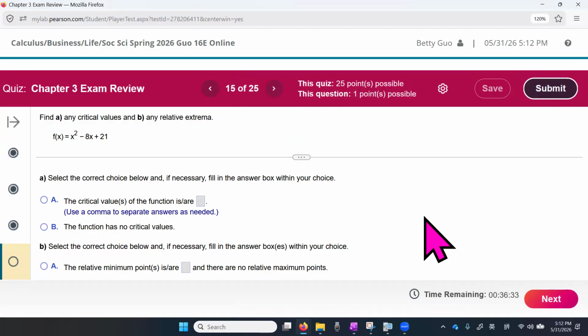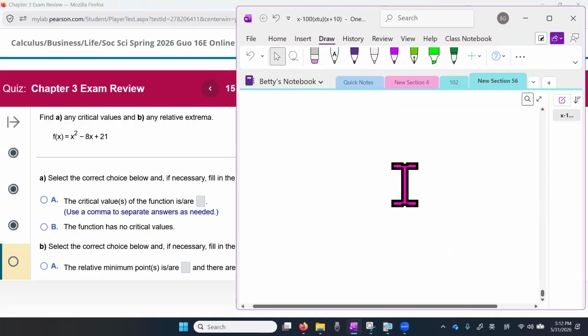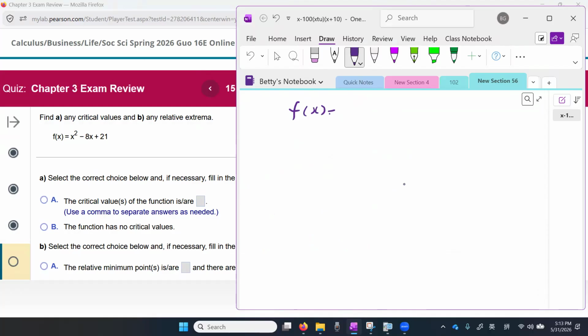15. Find any critical values and any relative extrema. Okay. f is x squared minus 8x plus 21. The derivative is 2x minus 8. Set it to 0, so x equals 4.